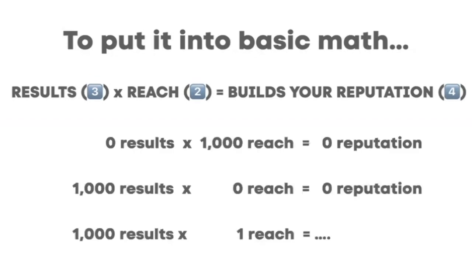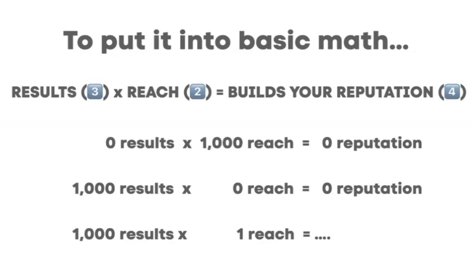Let's put it together. If you have no results, you're just getting started, but you have 1,000 people involved in this, zero reputation. It's just not there yet. That doesn't mean you're doing anything wrong. It just means this might be too new to assess. Now look at the next line.